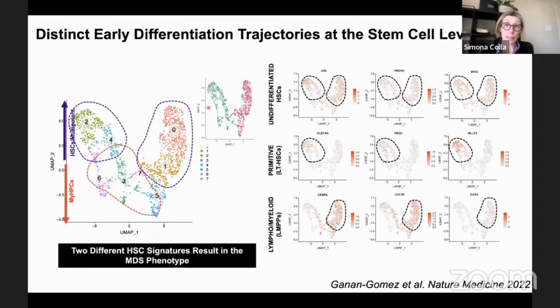On the contrary, the other subgroup of cell was characterized, you can see cluster 0, by the expression of genes that were already myeloid biased. So, for example, the transcription factor CEBPA.